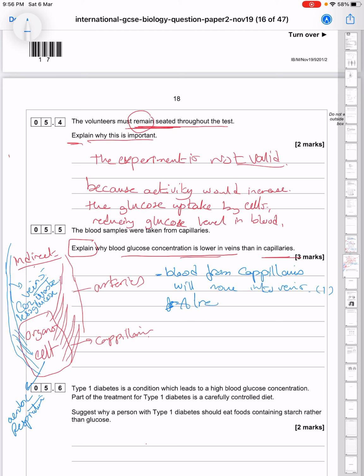Now cells and organs have already used the glucose for aerobic respiration, right? For aerobic respiration. So that's why the blood returning back to the vein would have less glucose.